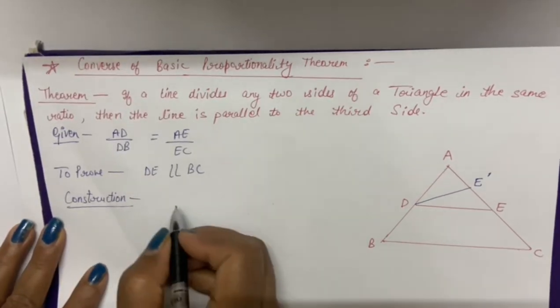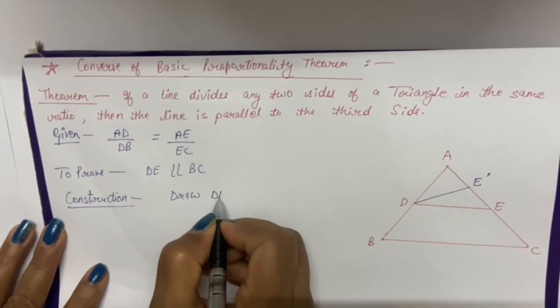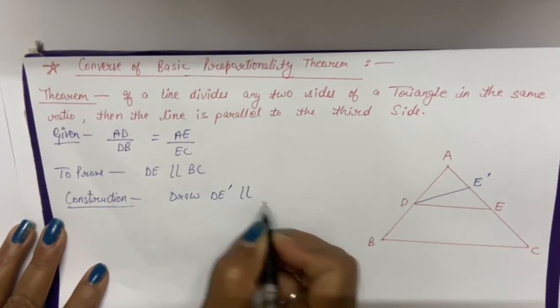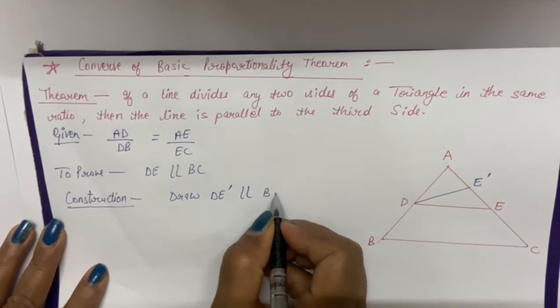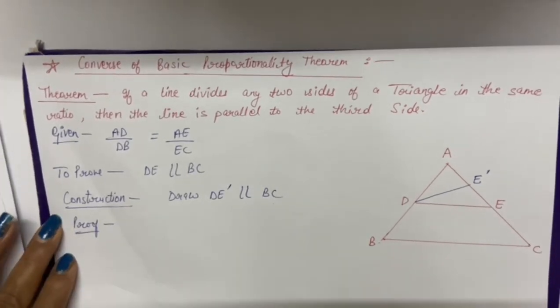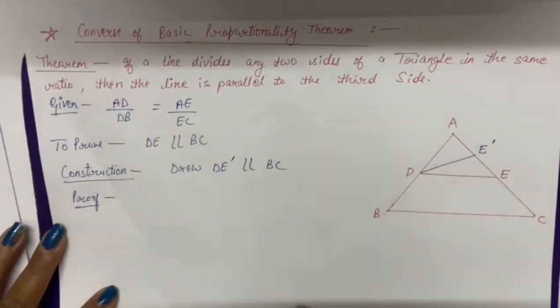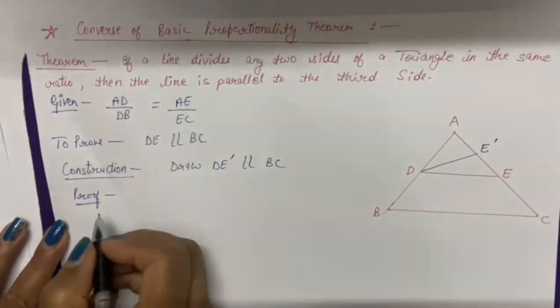By construction, we'll write: draw DE dash parallel to BC. So these are the basic steps you need to follow. Now we'll start the proof.